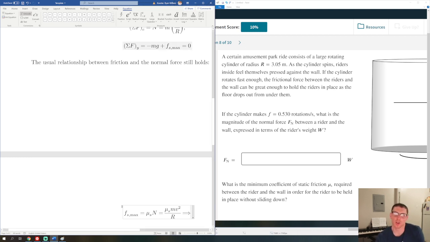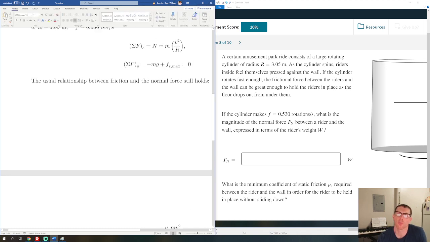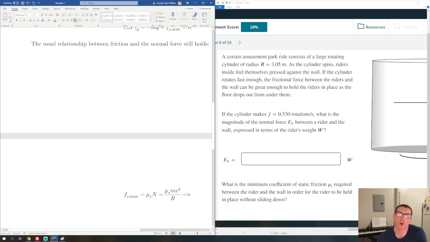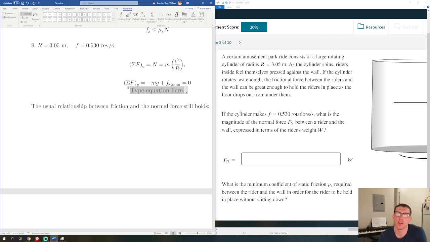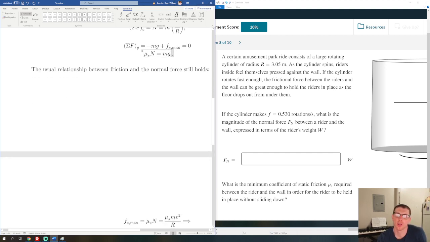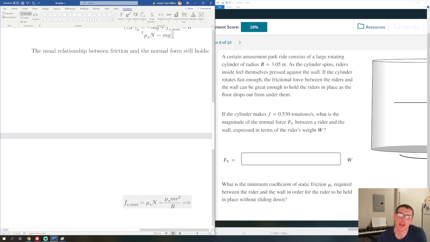Oh, okay, I'm getting ahead of myself here, or rather, we need to use both equations, is what I'm trying to say. We need to note that this one suggests that mu sub s n must equal mg, and this one says that n equals mv squared over r.